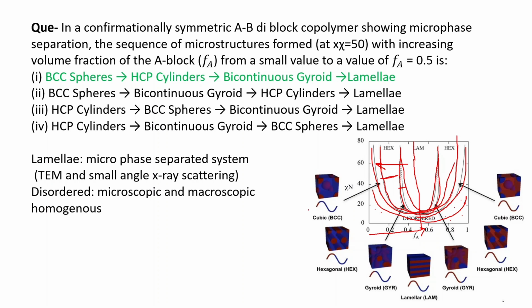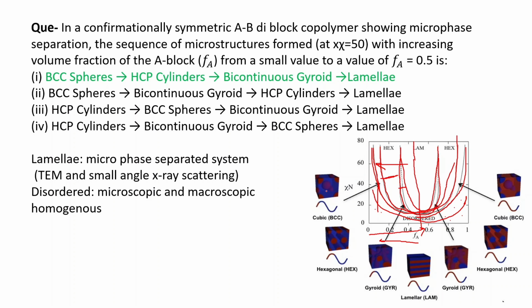So when the volume fraction of the A block is low, near here, just inside the outermost curve, where the Fa value is low, near 0 or 0.1, then the A block polymer will be in sphere form inside a continuous phase of the B block polymer.